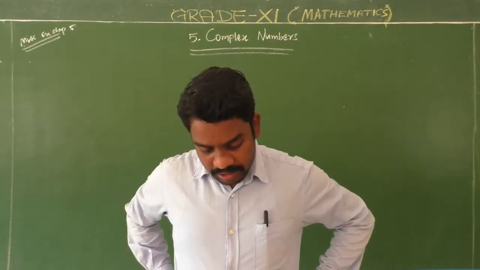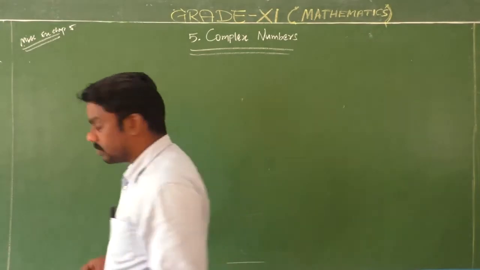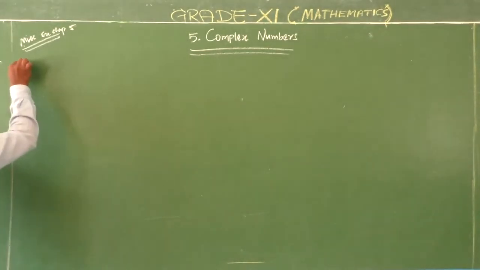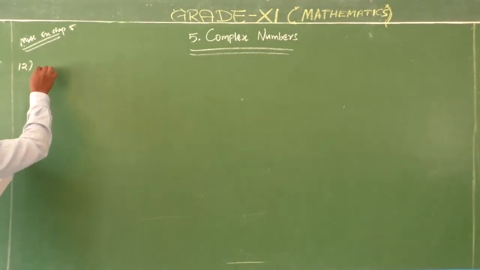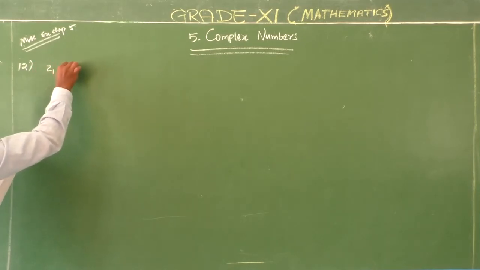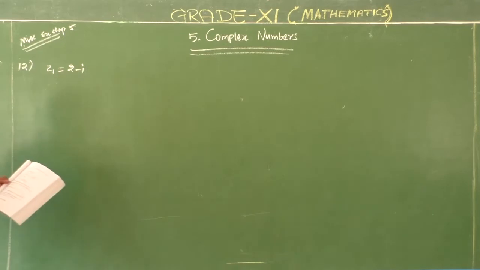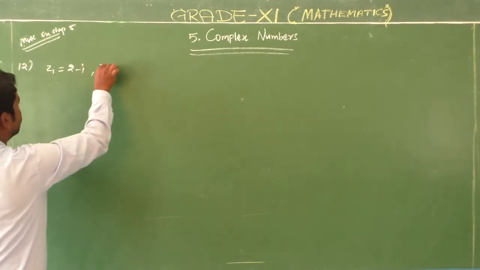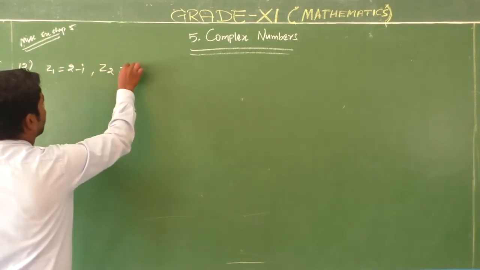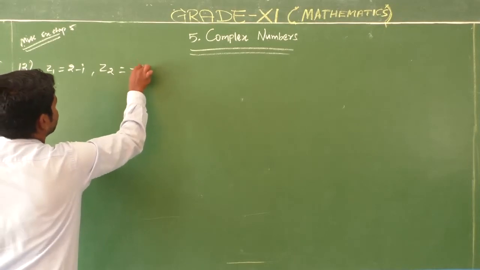Question number 12. Z1 is equal to 2 minus i, and Z2 is equal to minus 2 plus i.